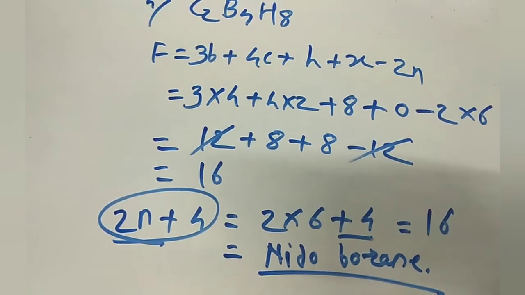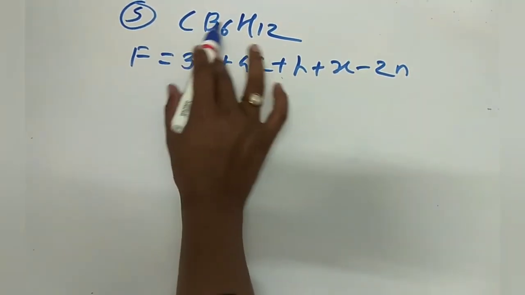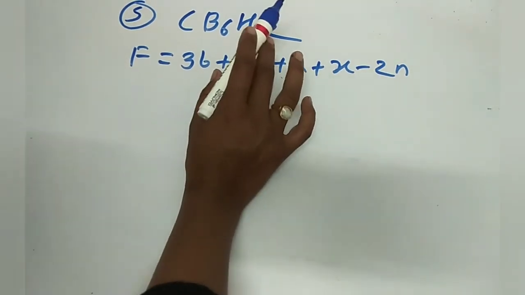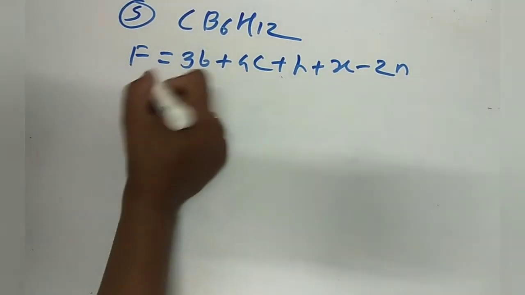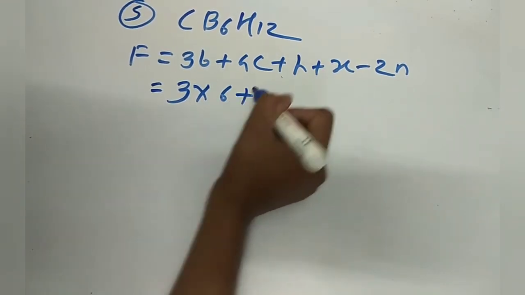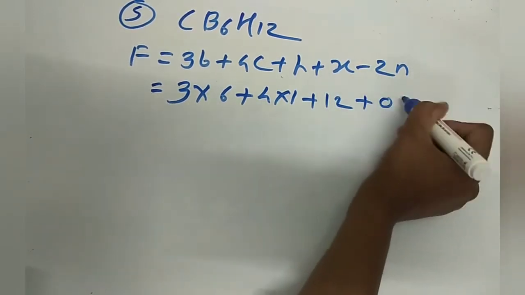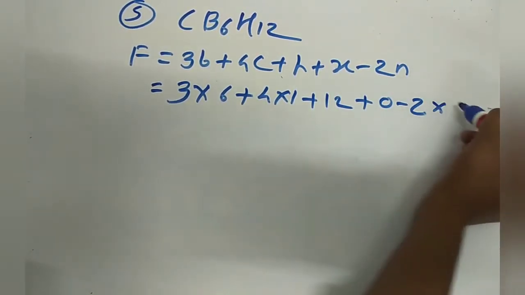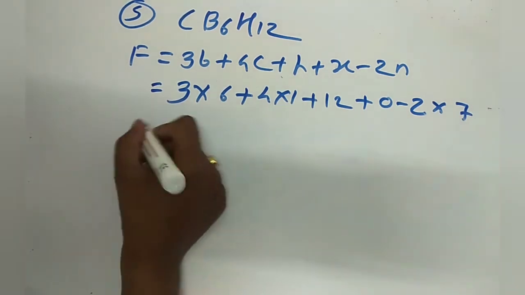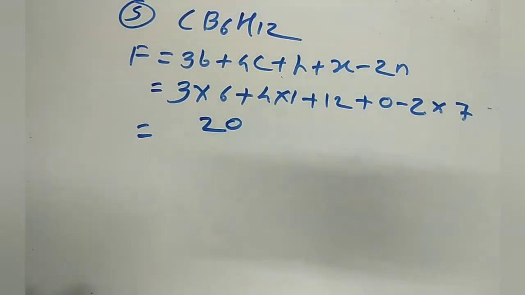Now we consider another example. We consider CB6H12. Again the same formula. Put the value 3 into 6 plus 4 into 1 plus 12 plus 0 minus 2 into 7, 6 plus 1. After solving this we are having the answer 20.